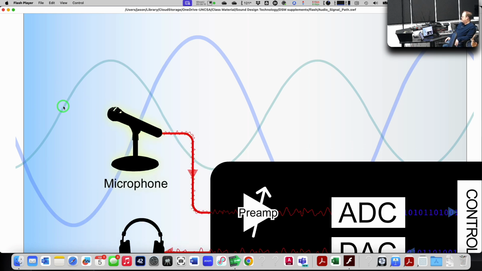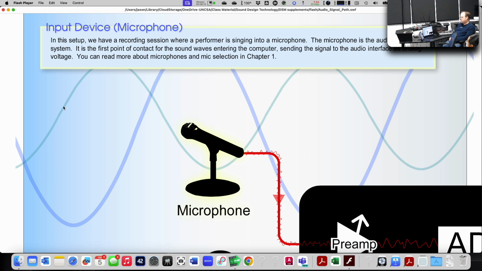So the first thing is the microphone. Now, you're familiar with microphones, hopefully already. You've touched them and used them and done things with them. And hopefully you know generally how a microphone works. A microphone is called a transducer because it converts one form of energy into another form of energy.